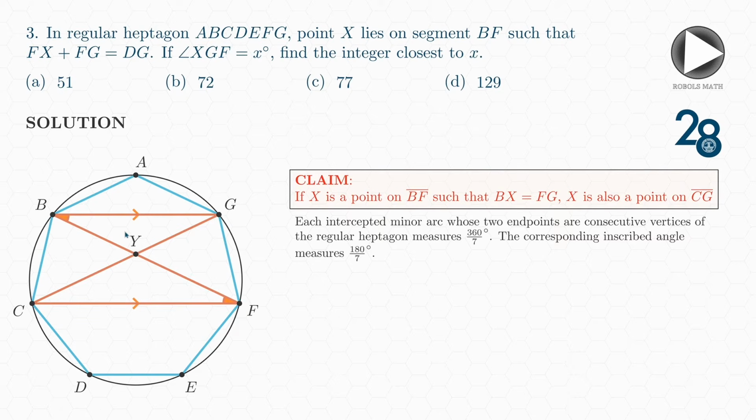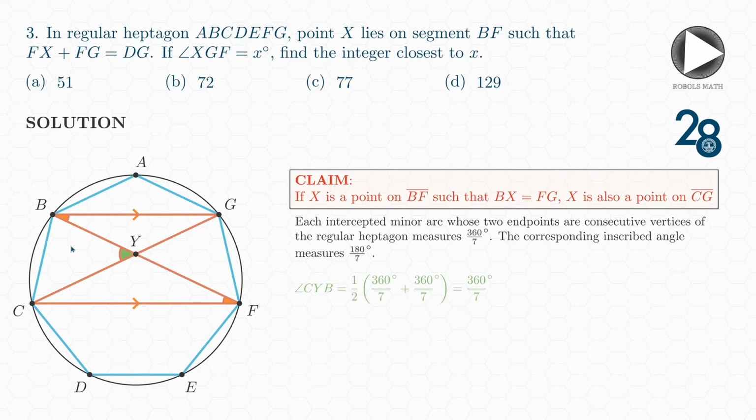Okay. Now let's look at our main goal. Again, our goal here is to show that point Y is point X. Note that this angle here, CYB or BCY, shown in green, is equal to 1/2 of the sum of these two arcs here, GF and BC.